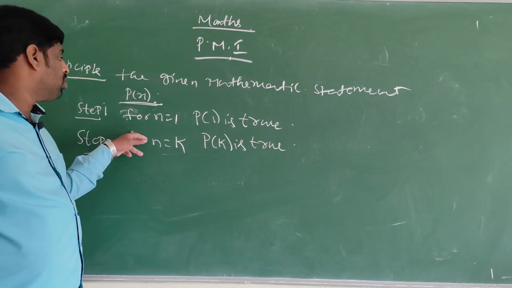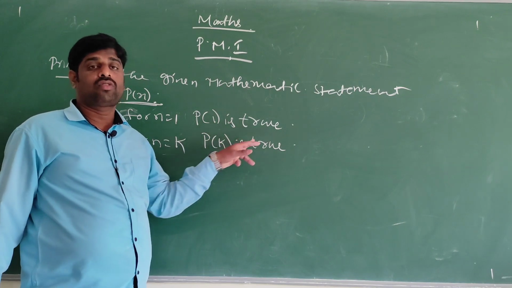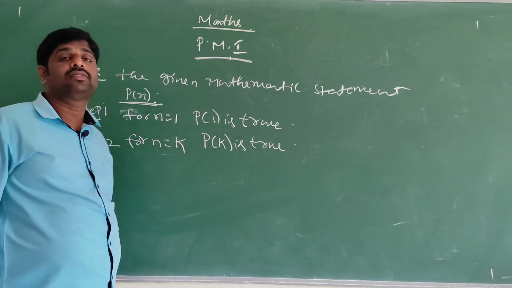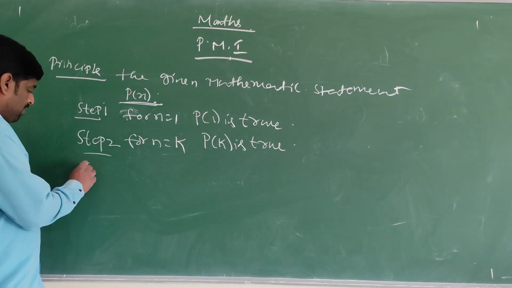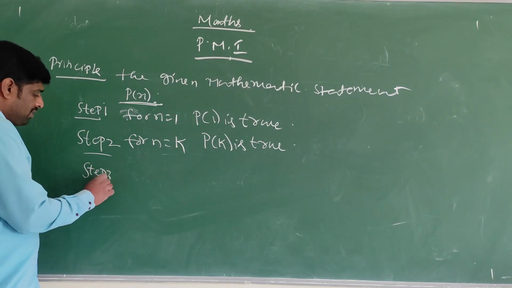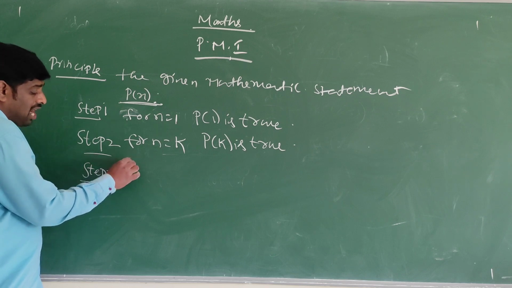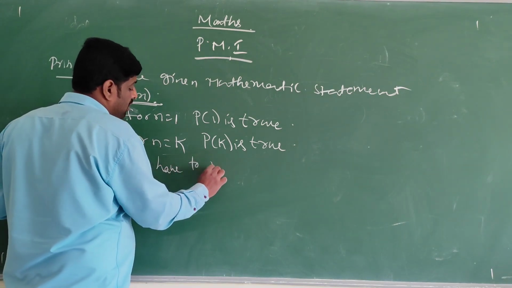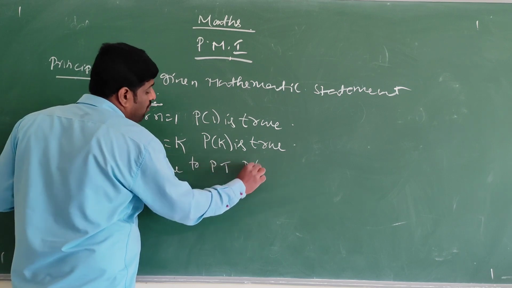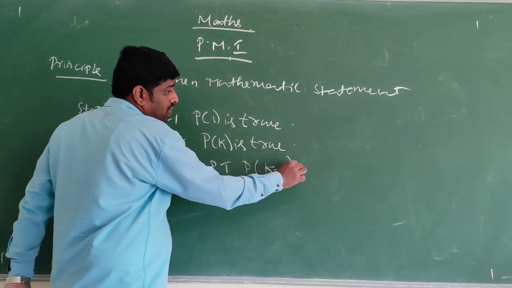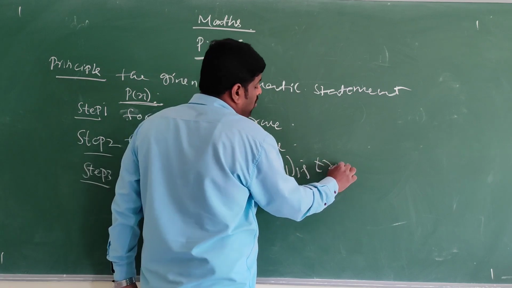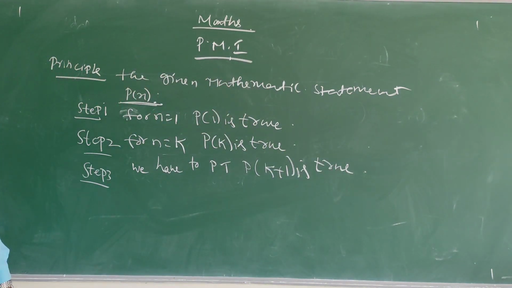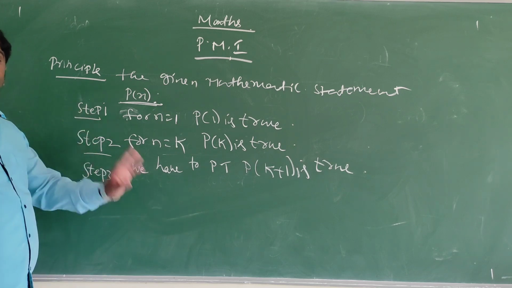For n is equal to 1, P of 1 is true. For n is equal to k, P of k is true. Step 3 means we have to prove that P of k plus 1 is true.